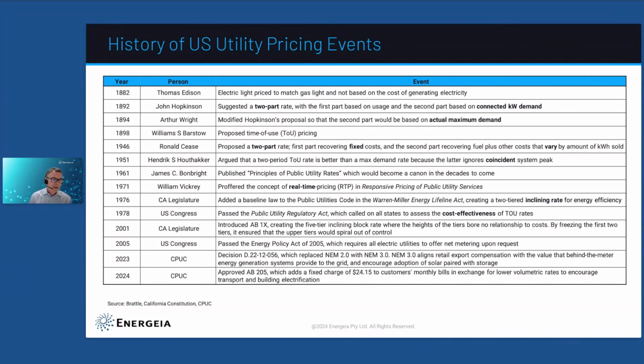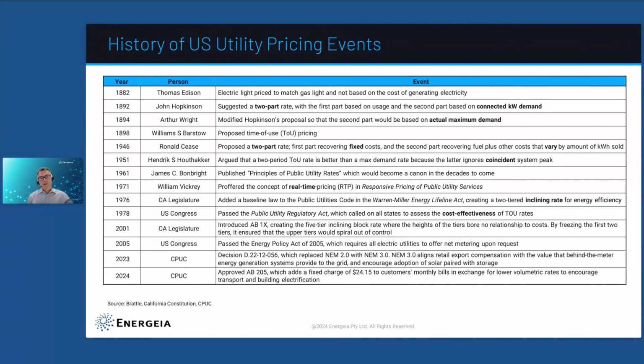unsustainable. In the last couple of years, I think California has received a lot of attention as well, as it moved away from NEM 2.0 to NEM 3.0, which reduces the incentives for behind the meter DER adoption. And then most recently in 2024, a 2-part tariff with a significantly increased fixed charge is applied to customers' monthly bills with a lower volumetric rate, and that's really to encourage electrification of transport and building.